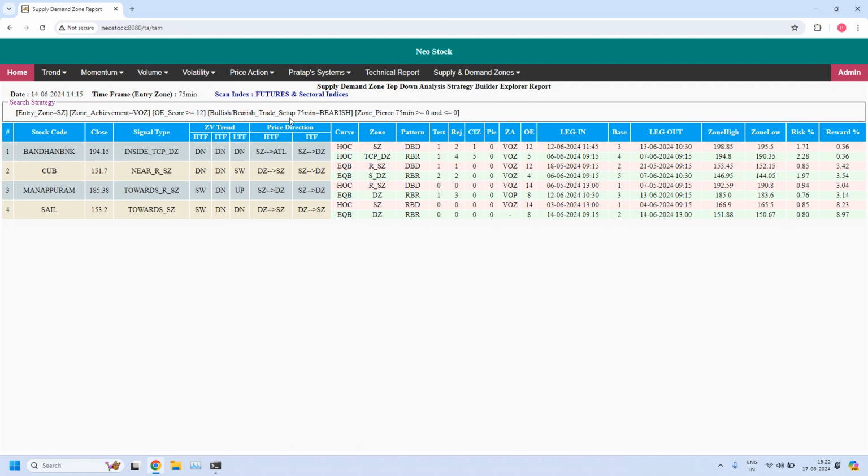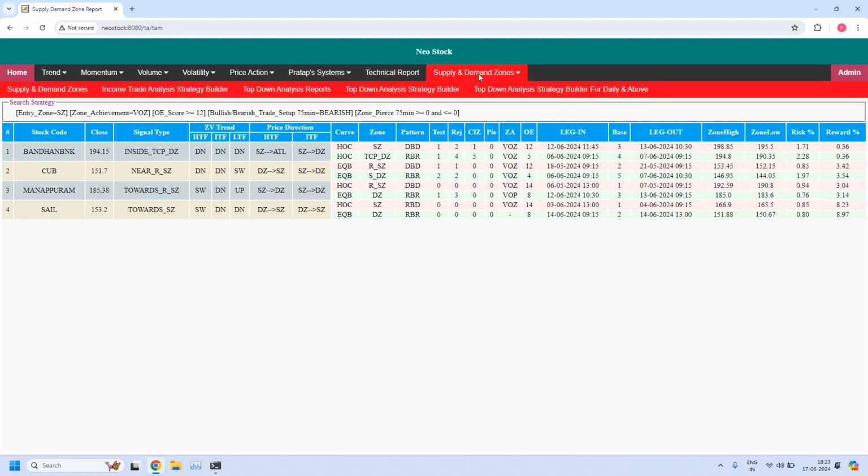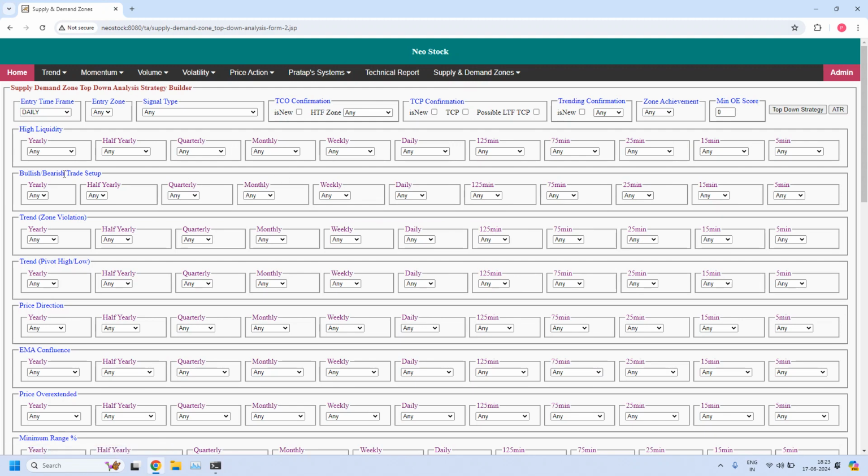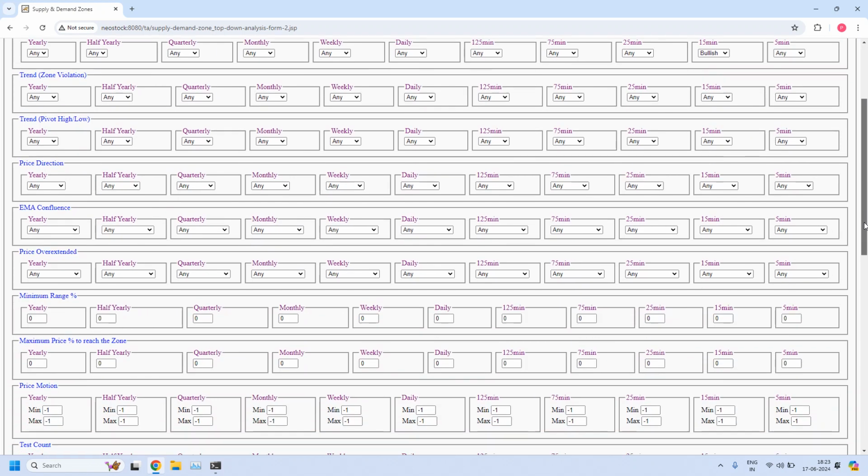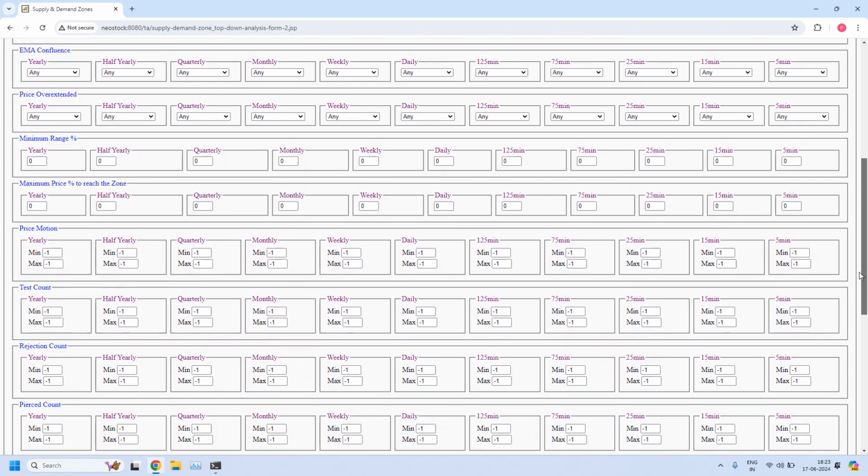Daily income trade. For today I am not generating the hourly income trade, limiting up to daily income trade. In daily income trade, entry time frame should be 15 minutes, and a bullish trade setup entry zone, demand zone. In bullish or bearish trade setup, in 15 minutes time frame, I am selecting the value bullish, and the pierced count should be 0 for 15 minutes time frame, so that we won't get pierced zones.